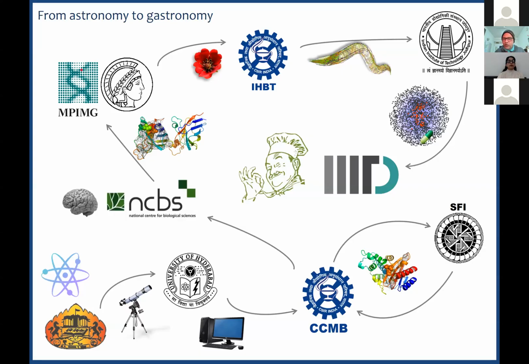At the left bottom, you will see where I got trained in physics at my bachelor's and master's level, followed by an MTech degree in computational techniques, and then PhD in computational biology. So it was a diverse training that I've had in physics, computation, and biology, which has prepared me to investigate questions of interdisciplinary nature.